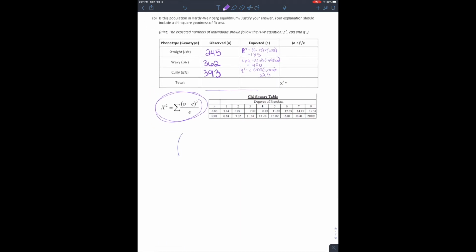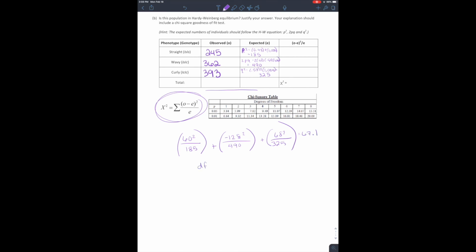So 60 squared over 185 plus negative 128 squared over 490, and then plus 68 squared over 325. Once I do the whole chi-square analysis, I get 67.1.